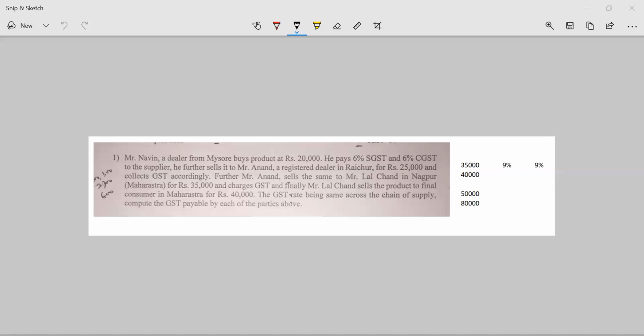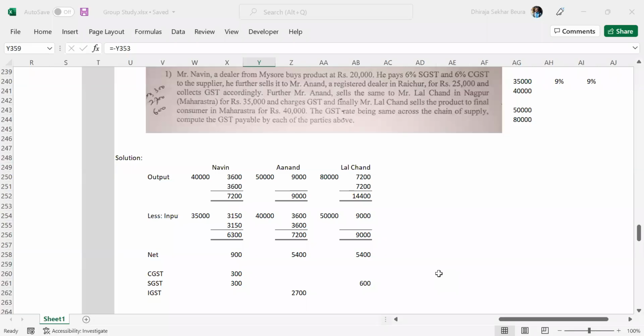The last person, Mr. Lal. No. Let me share the answer. Give me one second. For Naveen, it is 300 net GST. Mr. Naveen, it's 300. Is it correct? 300 CGST, 300 SGST? You're saying? Sorry, my bad. No, the total should not be 300. It should be 450.